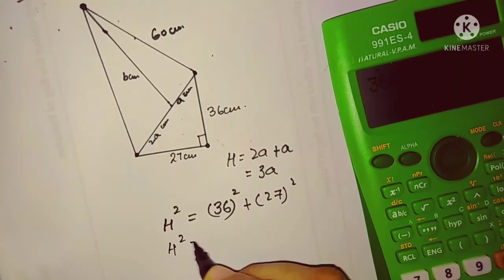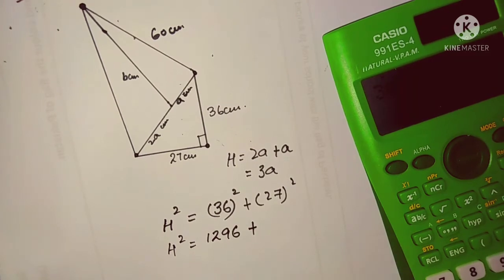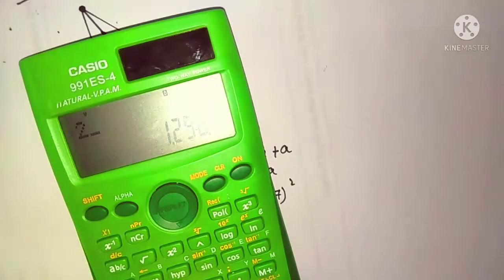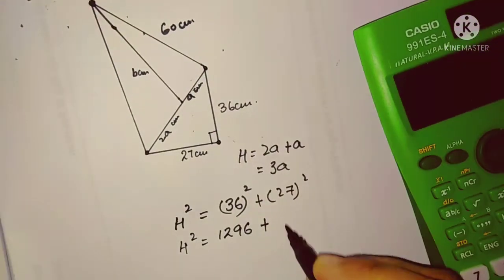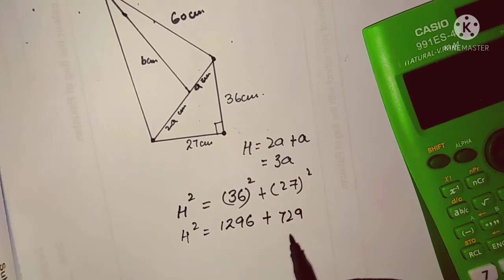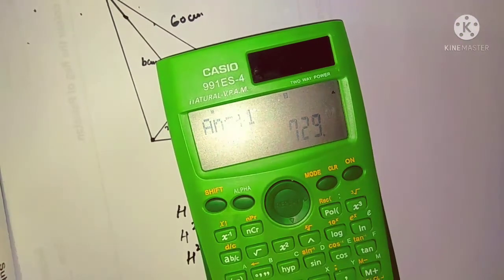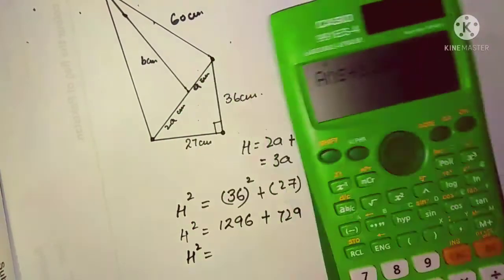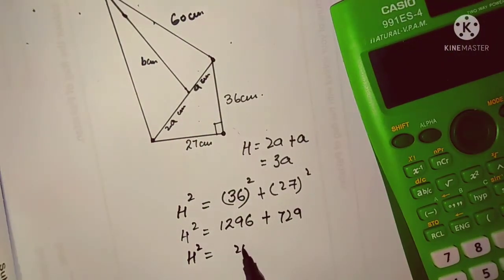I will write down h square as it is, and now I will write down 1296 plus, now I will take the square of 27. 27 square is equal to 729. Now I will add 1296 and 729, so I will get 2025.